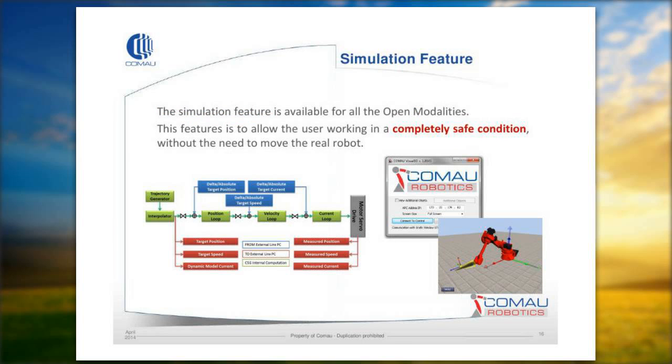It is important also to notice, as we said before, the simulation feature. It is available for all the open modalities to connect to the robots, and this allows the user to work also in a completely safe condition without moving the real robot, but just moving the model on our simulator.